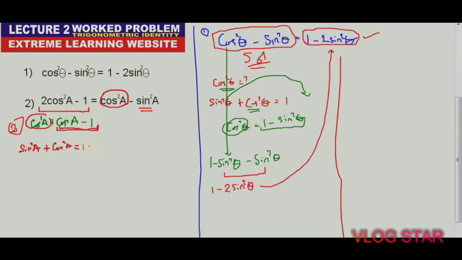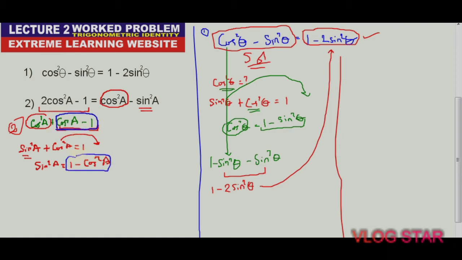We want to convert it to sine. So how do we find sine now? Sine square a is equal to 1 minus cos square a. So we look carefully and we'll see that this cos square a minus 1 we are looking for have already appeared here.